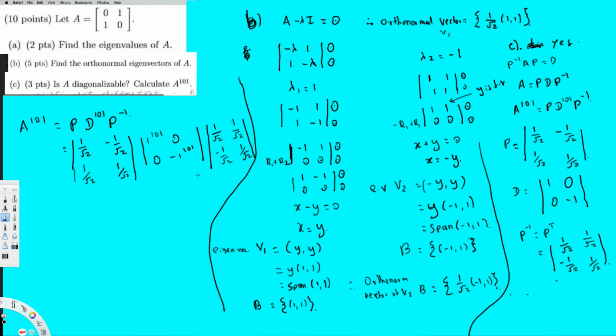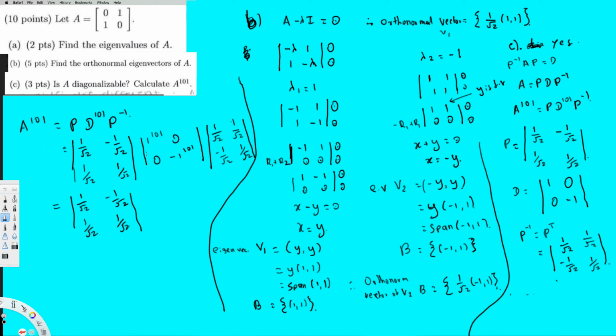So now we have found this one. Now what I can do is simplify, since it's easy to find these values. Usually if we have other numbers, we just leave it as it is, but in this case it's simply 1, so we can calculate it and simplify a little bit more. So: 1 over root 2, minus 1 over root 2, 1 over root 2, 1 over root 2.